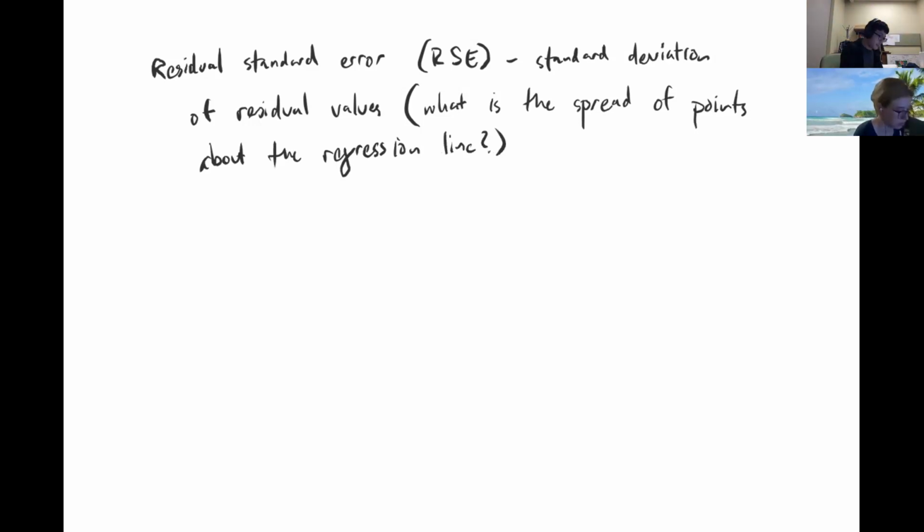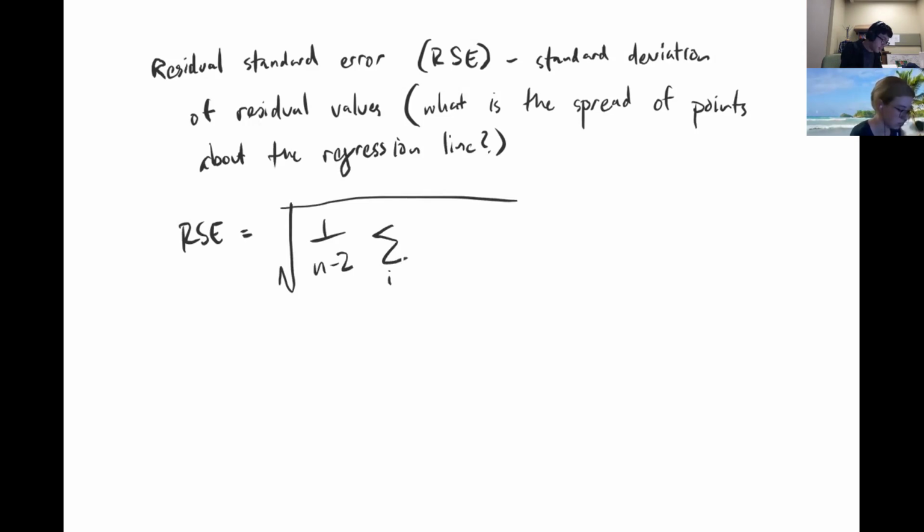All right, and so if I write this out, I'm going to provide the equation of the RSE, but again, this isn't something that you'll need to memorize. So it's 1 over n minus 2, sum of i equals 1 to n of y_i minus y_i hat squared.